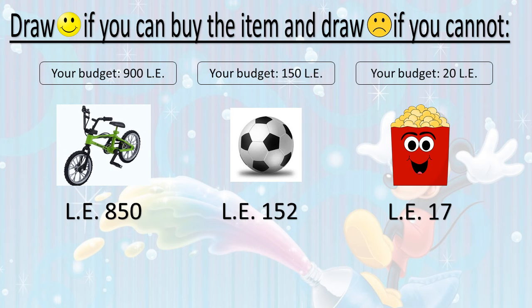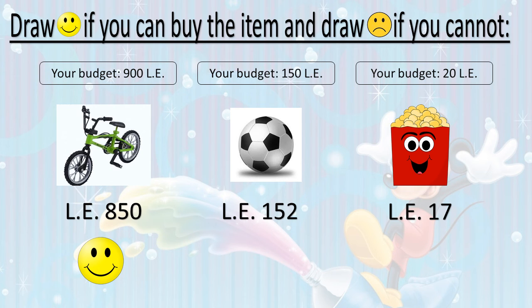Actually, 850 is less than 900. That means the price of the bicycle is less than my budget. So I can buy the bicycle because it is under my budget. Yes, I'm super happy because I'm going to buy it.